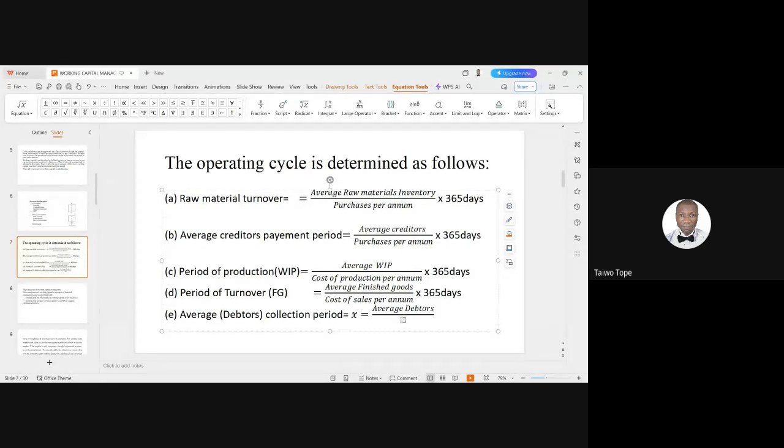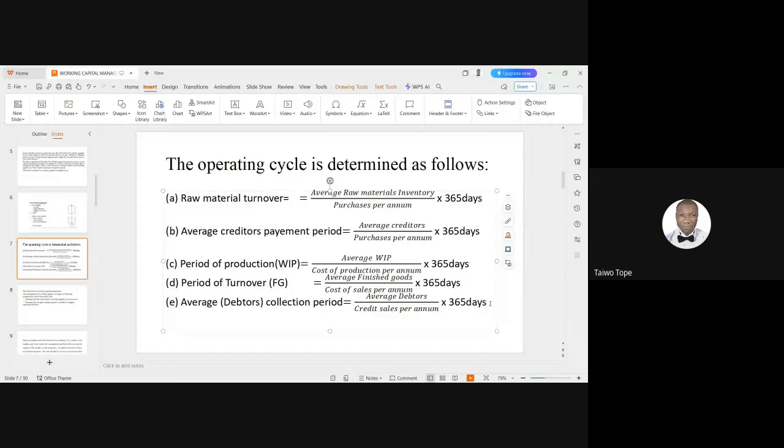So you can have it divided by what? Per annum.